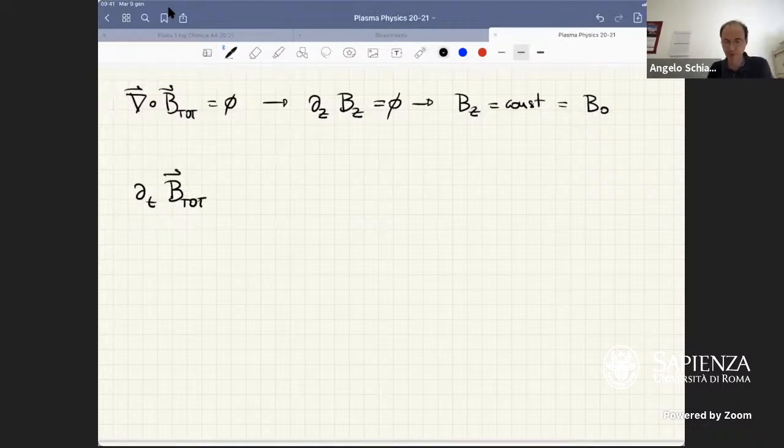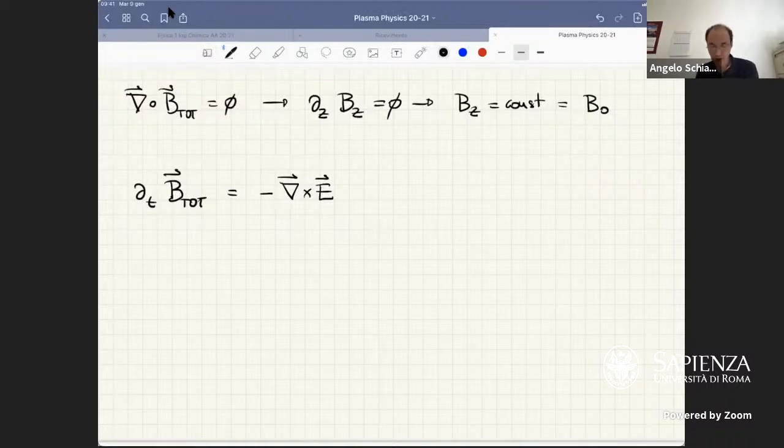And we use B dot to remind us that this is the total magnetic field, equilibrium state plus wave, is equal to minus the curl of E. Okay, this is Faraday's law, written in terms of the time derivative of B.